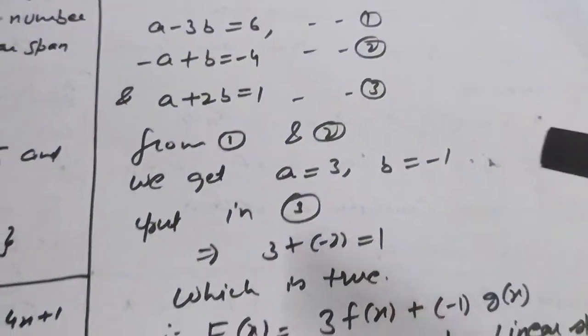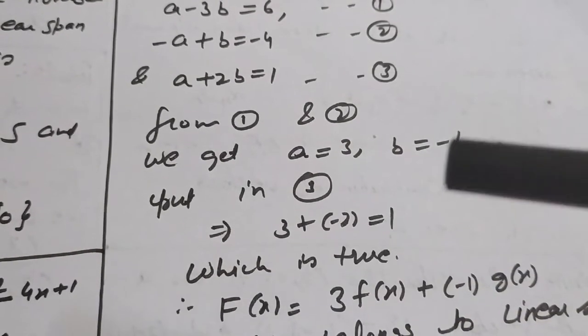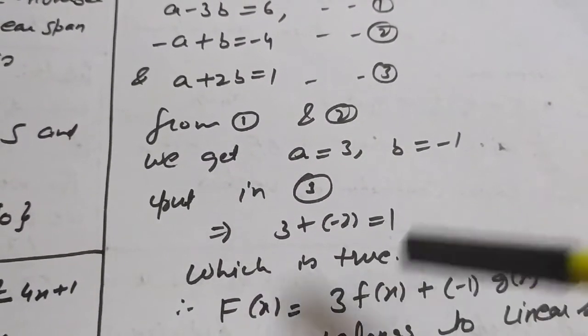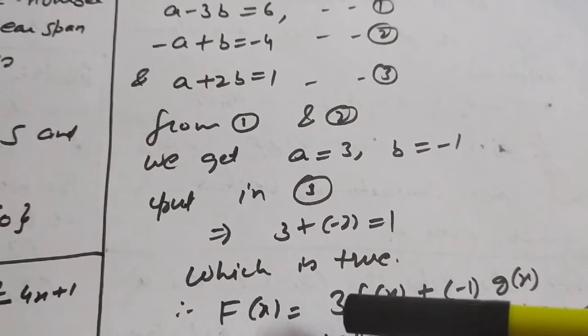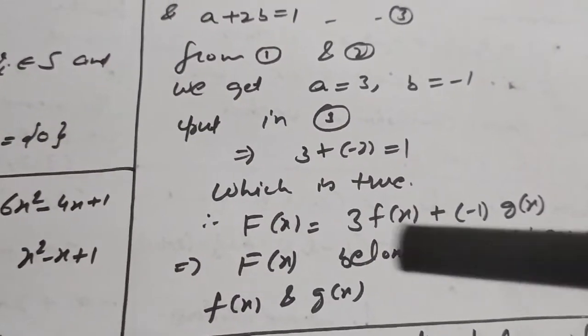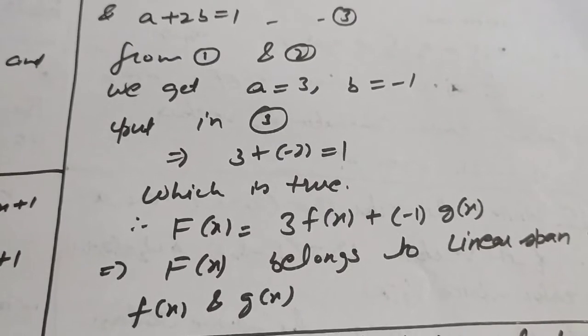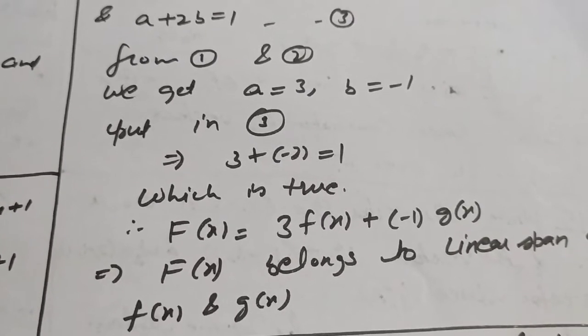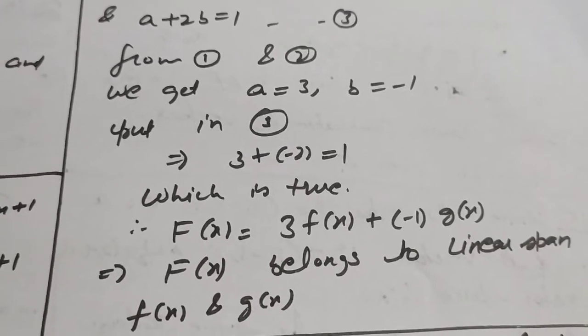It means I can write capital F(x) as a linear combination of small f(x) and small g(x) with scalars 3 and minus 1. Hence, capital F(x) belongs to the linear span of small f(x) and small g(x). This is how we check the linear span of the given elements.